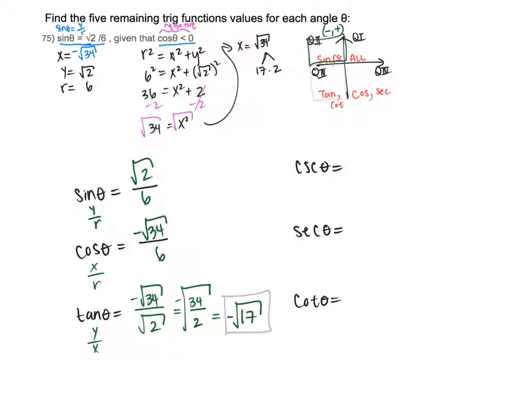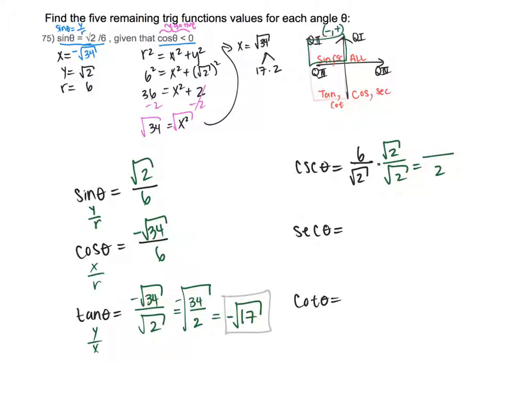Okay, and now we're going to do the other side here, the reciprocal. So this side here, cosecant is now going to be the reciprocal of sine. So that's going to be 6 over the square root of 2, which means that I need to multiply the bottom by the square root of 2 to make sure that it's rationalized, because we can't have roots in the bottom.